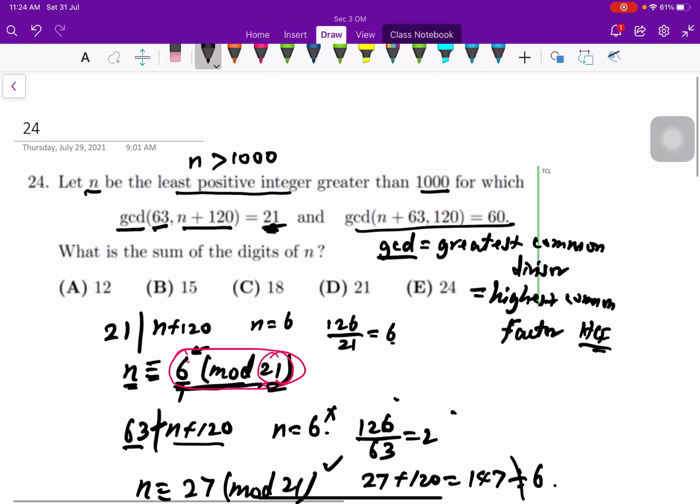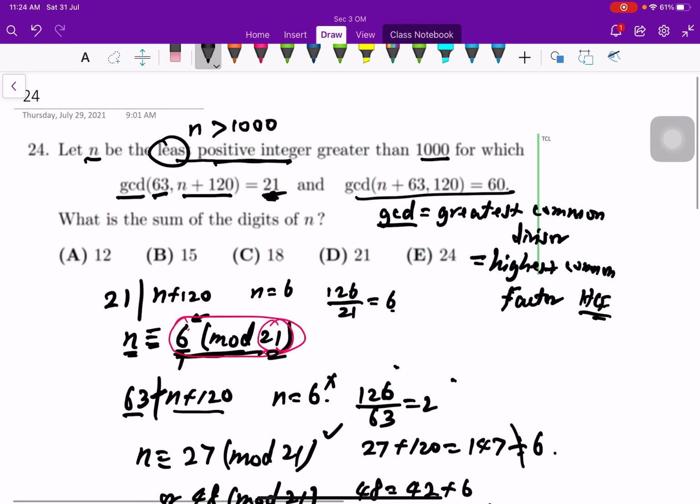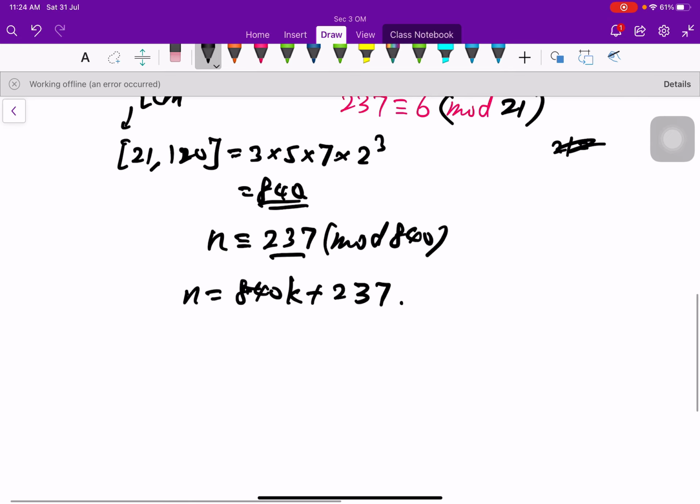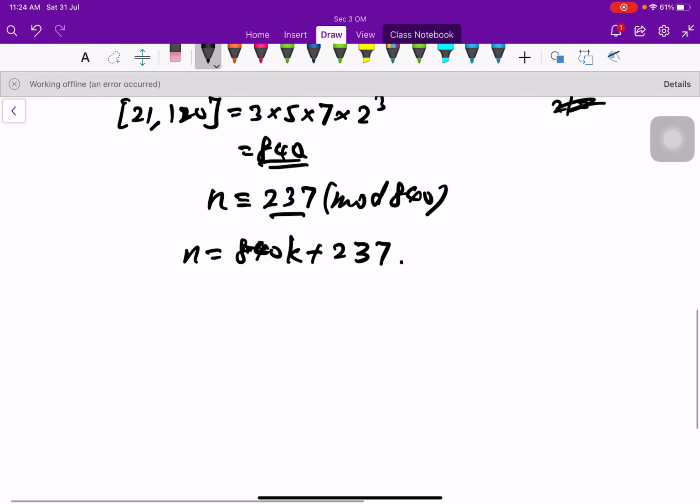Take note, guys, they say least positive integer. Therefore, we are quite close already, because this is 840. That means your k is greater than or equal to 1, right? Because n must be greater than 1000.